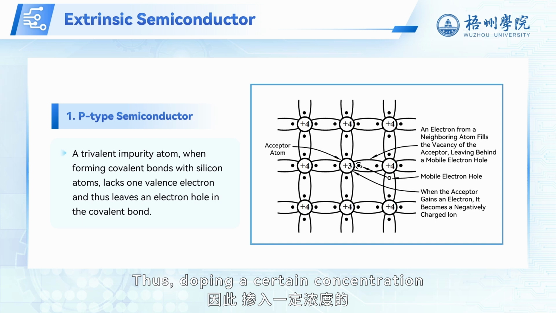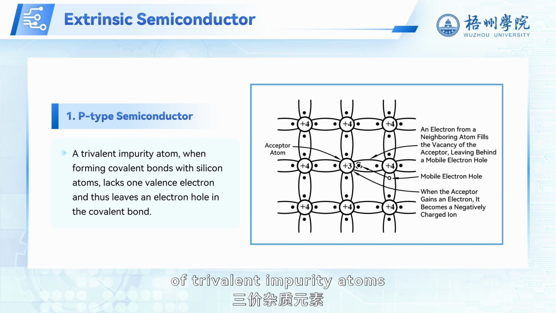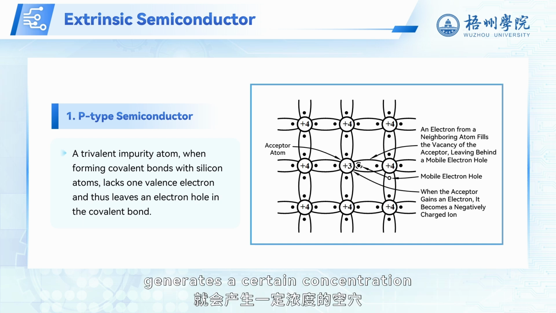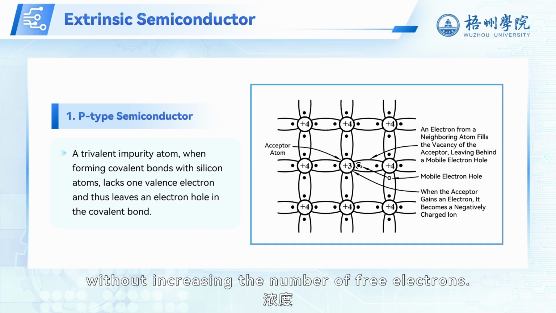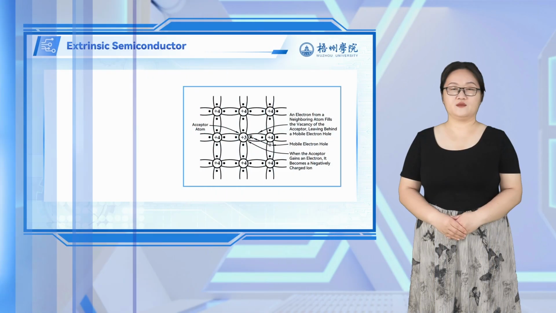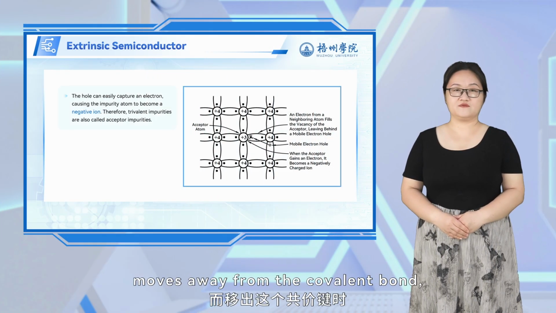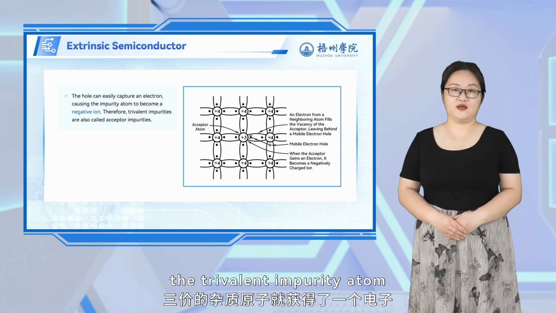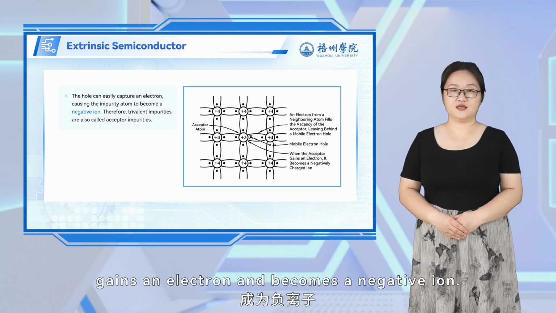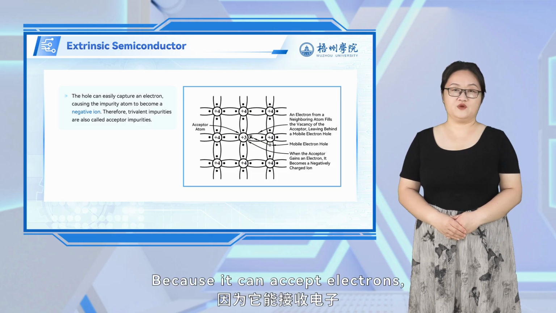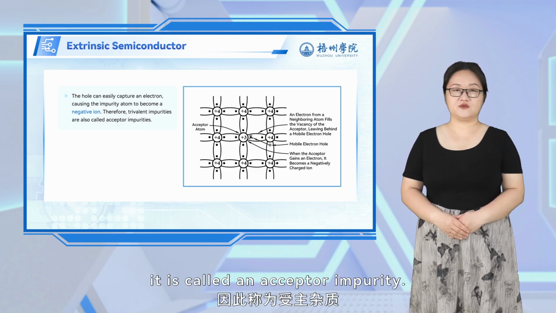Thus, doping a certain concentration of trivalent impurity atoms generates a certain concentration of electron holes without increasing the number of free electrons. When the electron hole moves away from the covalent bond, the trivalent impurity atom gains an electron and becomes a negative ion. Because it can accept electrons, it is called an acceptor impurity.